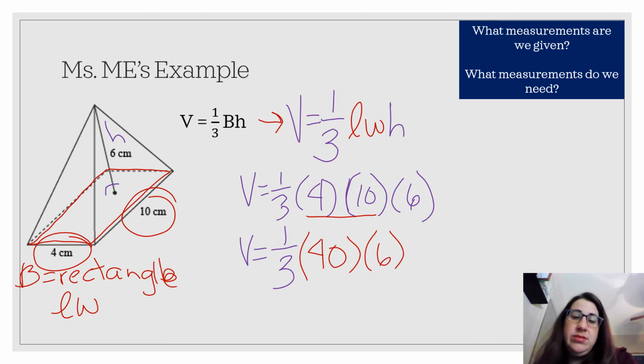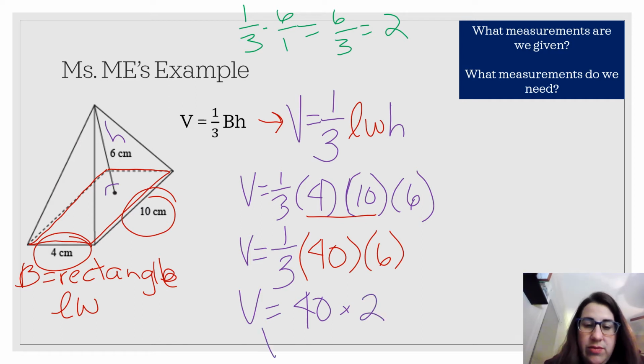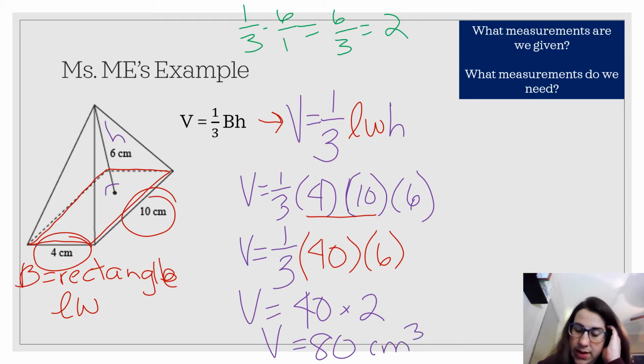Something else I can do in my head is I know that 1/3 times 6, well, that's the same thing as dividing by 3. So 6 divided by 3 gives me 2. So I have volume equals 40 times 2. So my volume here is 80 centimeters cubed. And that's my answer.